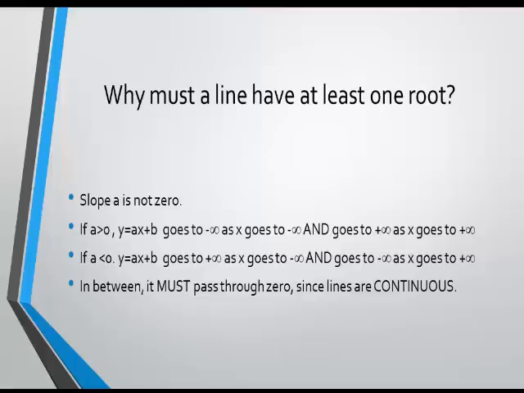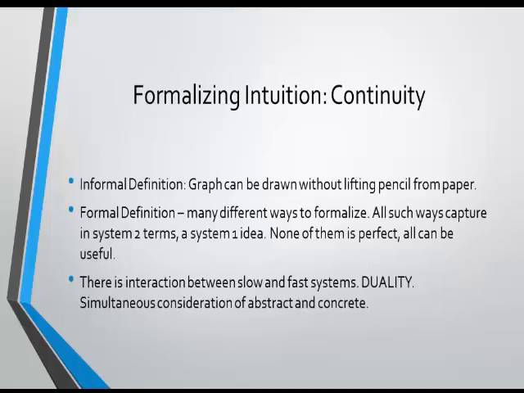Again, you must pass through 0. And then in the middle we use again another intuitive idea that lines are continuous. If the line was not continuous, then this would not hold. Okay, so basically, again, a formal definition of continuity is quite difficult, but understanding the concept is very easy.